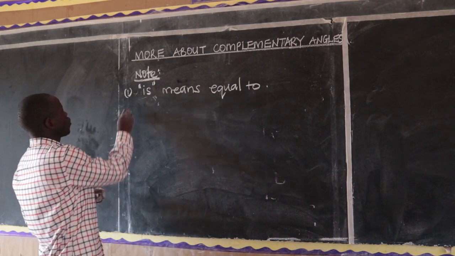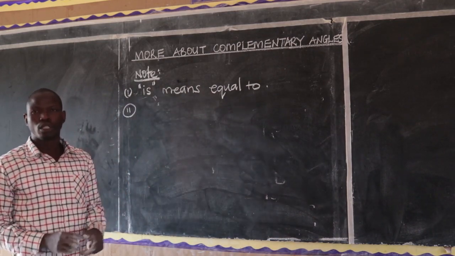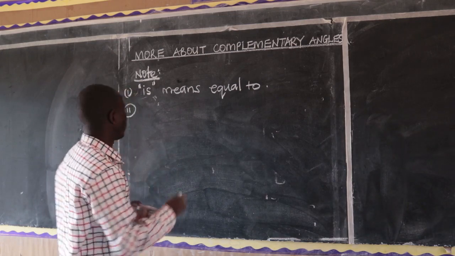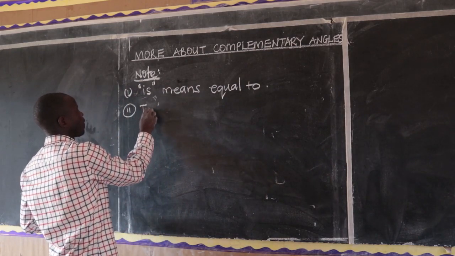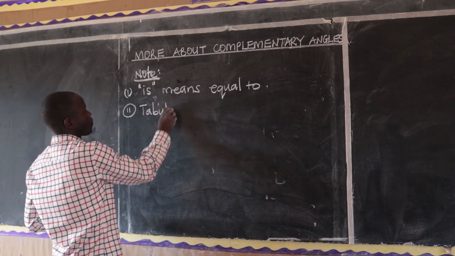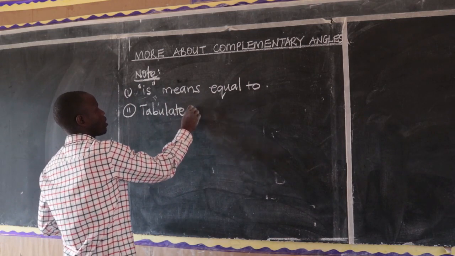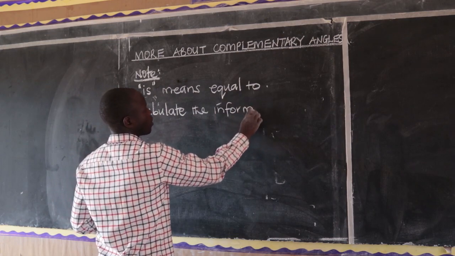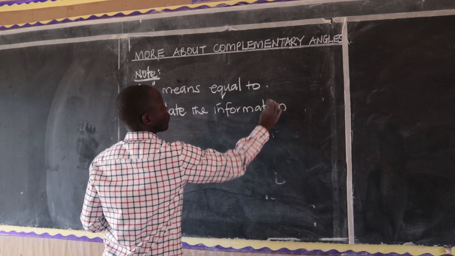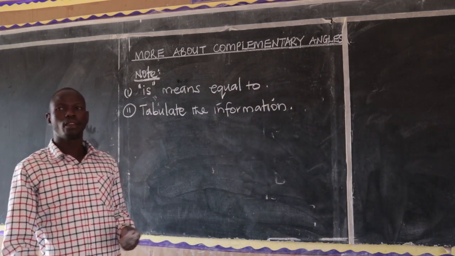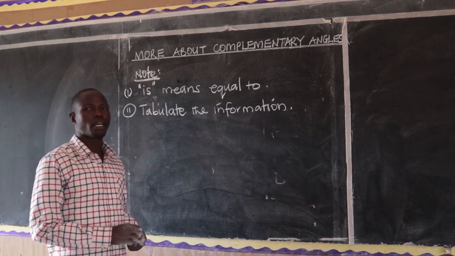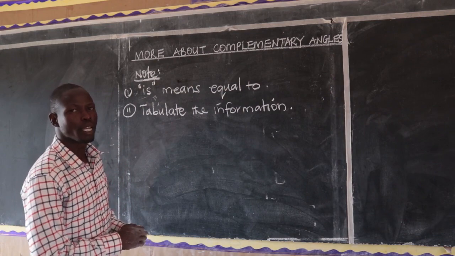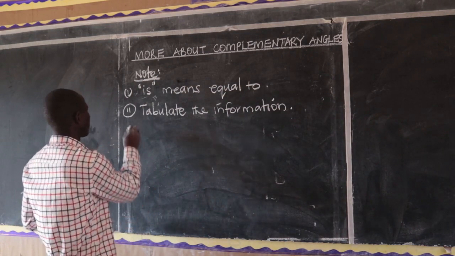Then the other thing you should note in this lesson, we shall also require you to tabulate your information, put your information in a table. The third thing you should note here is that for the unknowns, you represent them using a letter of your choice.